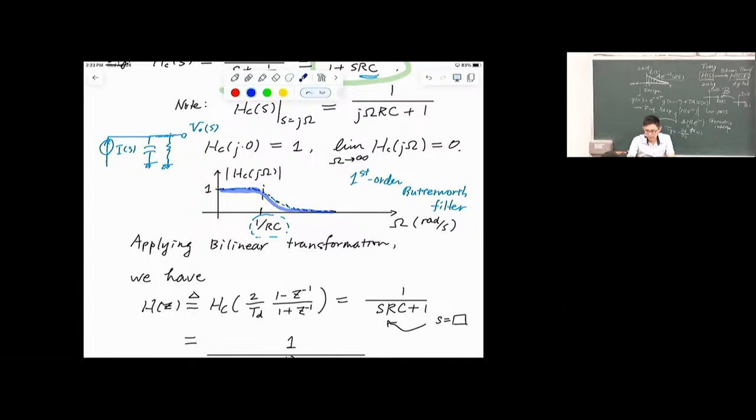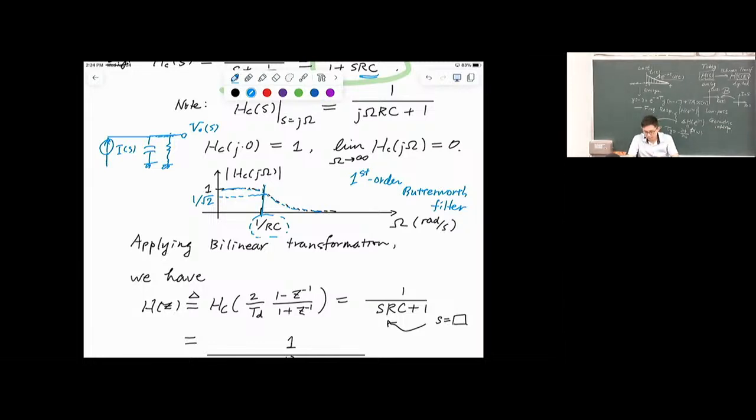It's a first-order Butterworth filter, with a corner frequency at 1 over RC, where the gain drops to 1 over square root of 2. You can call the frequency below that the pass band, above that the stop band.